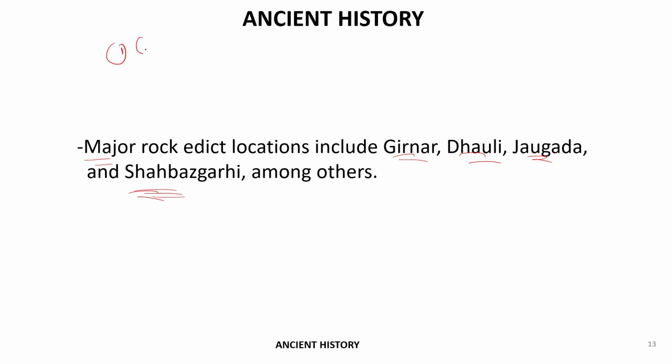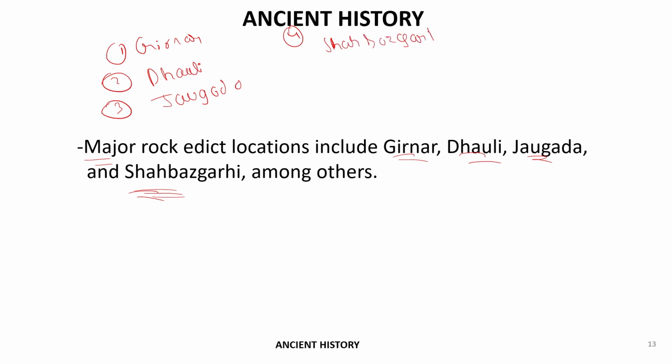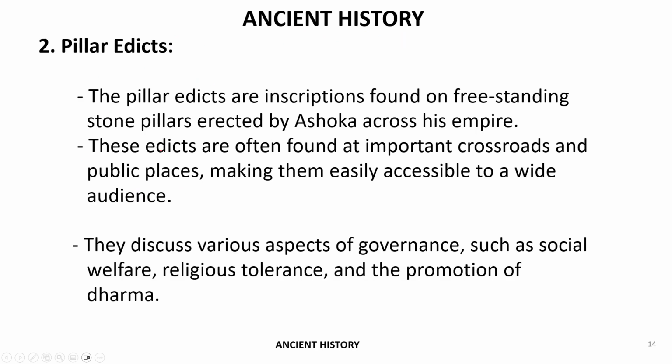First one is Girnar, second one is Dholi, third one is Jaugada, and the fourth one is Shahbazgarhi. Okay, so these were the prime locations of these rock edicts. Got it?